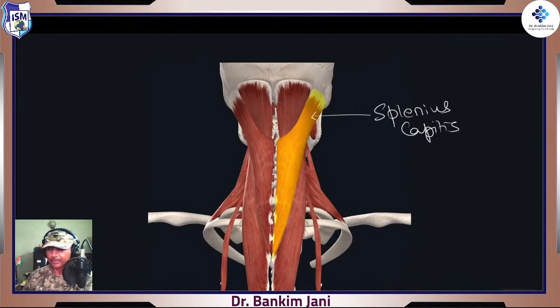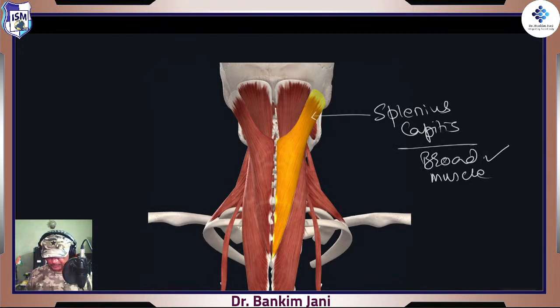Going towards the head, so it has to be splenius capitis. Now this is a broad muscle, big muscle, broad muscle. Now for its arrangement, you remember we said while we were talking about the nuchal ligament, yes, that's the muscle.